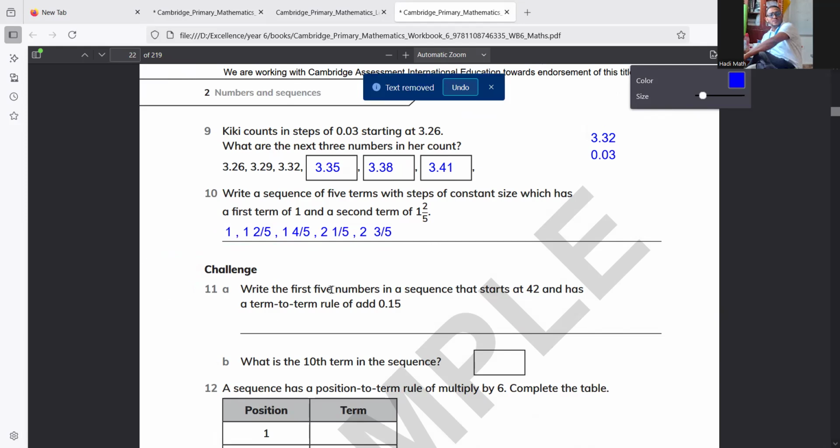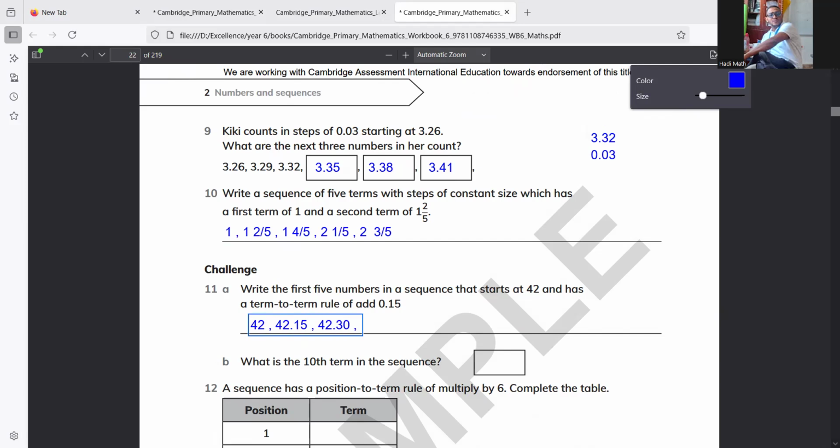They say write the first 5 numbers in a sequence that starts at 42, and the term-to-term rule is add 0.15. So you start at 42, and then you add 0.15. It's going to be 42.15. You add again 0.15, it's going to be 42.30.